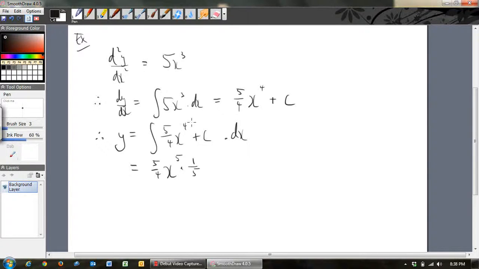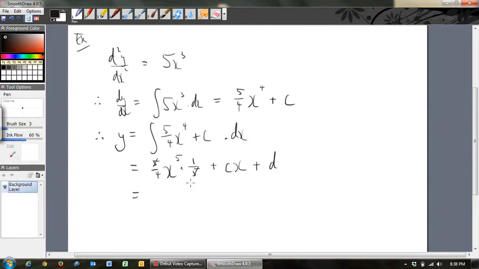You know what's going to happen. So that goes to 5, and you divide by 5. Now that's that part there. We need to integrate c. That's just a constant. So when you integrate a constant, it becomes cx. And then we're also going to have d there, a new constant. You could call it c1 and c2. It doesn't really matter. Whatever you like to call it, cx plus d. I'll just clean that up.